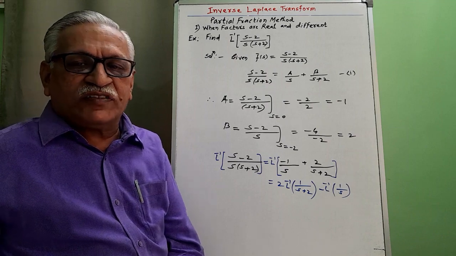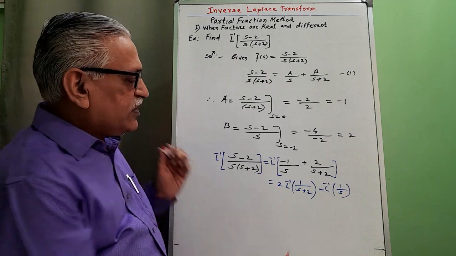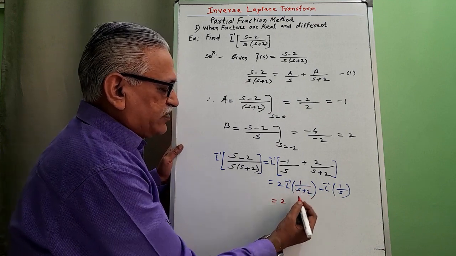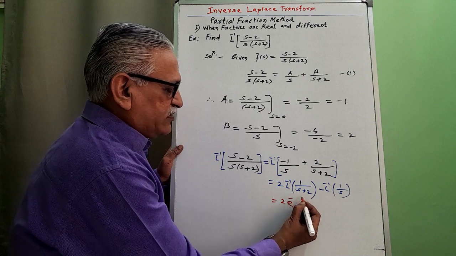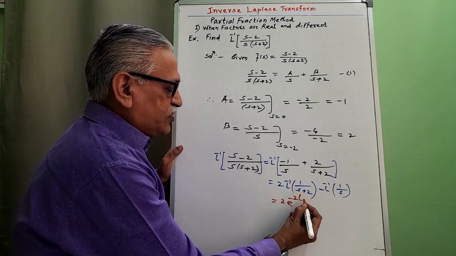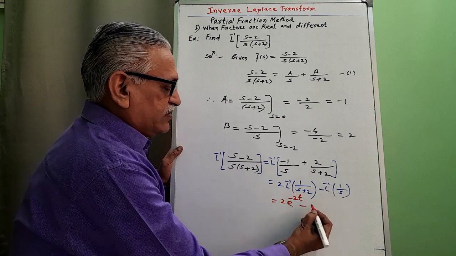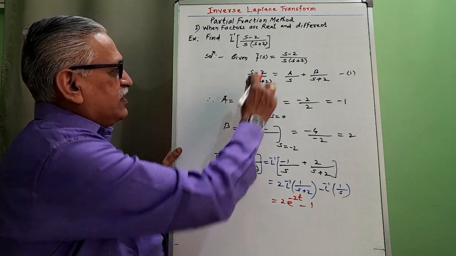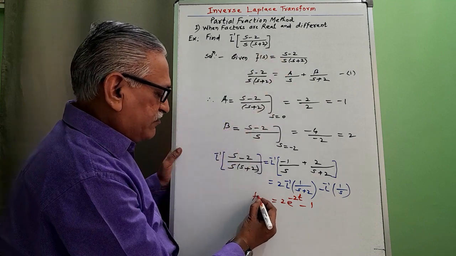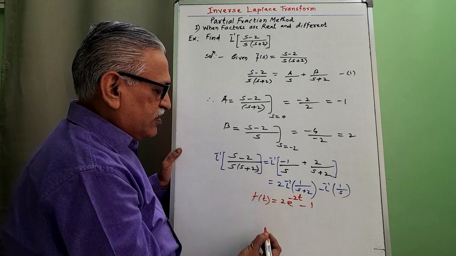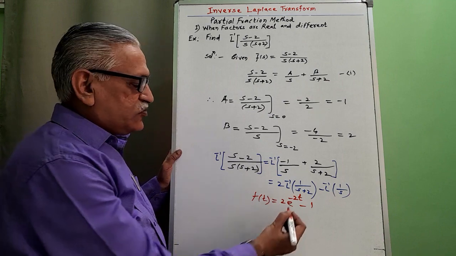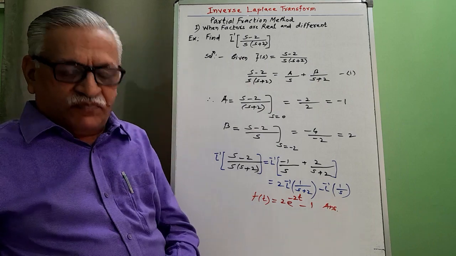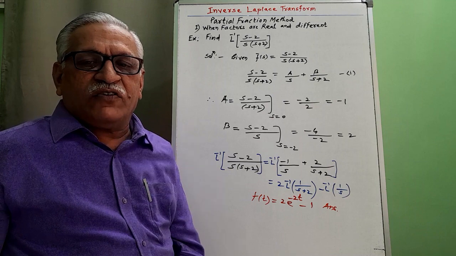Then using standard result of inverse Laplace transform, inverse of 1 upon s plus a is e raised to minus at. Here a is 2, therefore it becomes e raised to minus 2t, and minus inverse of 1 by s is 1, and inverse of f bar of s is f of t. Therefore f of t is equal to 2 e raised to minus 2t minus 1 as the required inverse Laplace transform.